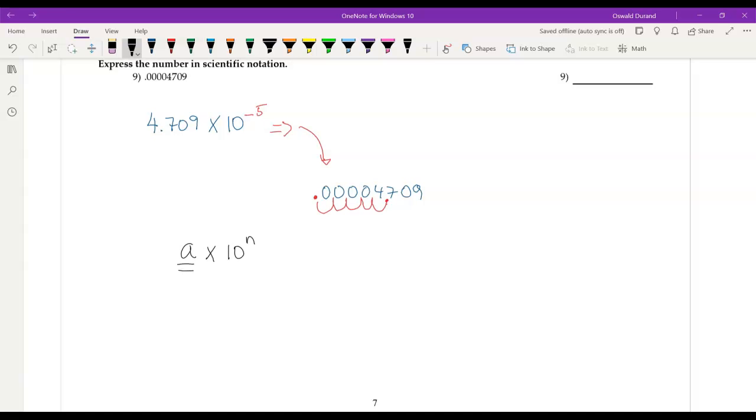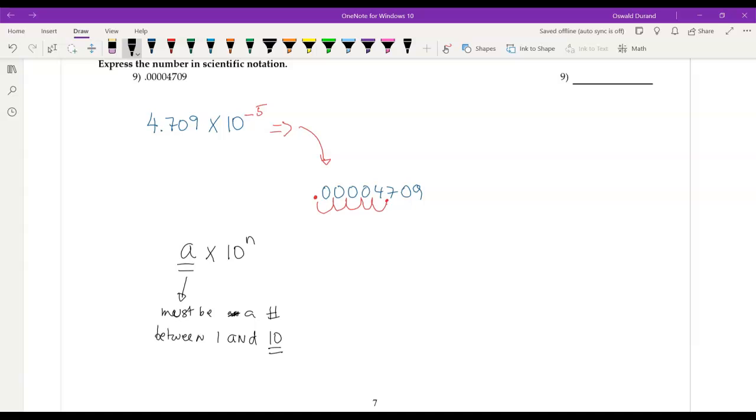And so A here must be a number between 1 and 10, but 10 excluded, right? Meaning that it could be 9.99999, but not 10, right? So that's what I mean between 1 and 10.